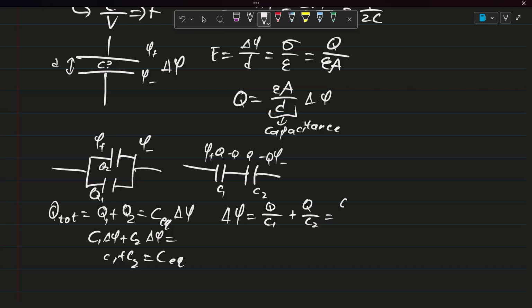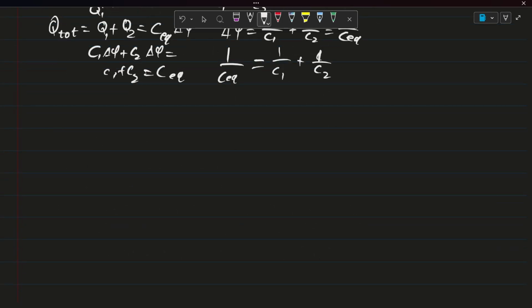And this must equal Q over the C equivalent. So if you see from this equation, the equivalent capacitance reciprocal is just the sum of the reciprocals of each of the capacitors, like so. So now you can see why the equivalent capacitances are defined to be so, because one of them is conserving the charge and the other is conserving your scalar potential difference.